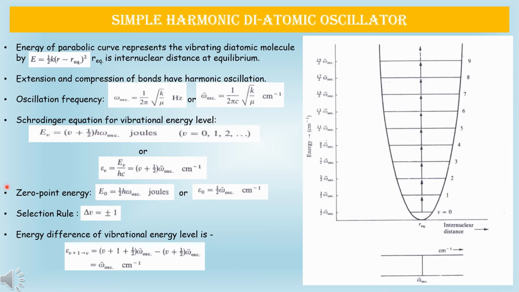But in the case of microwave spectroscopy, we found that at zero rotational quantum number, the energy becomes zero. The selection rule for a harmonic oscillator undergoing vibrational changes is delta V equals plus or minus 1. Thus, considering the diatomic harmonic oscillator, the energy difference between the corresponding vibrational energy levels is omega oscillation bar centimeter inverse.